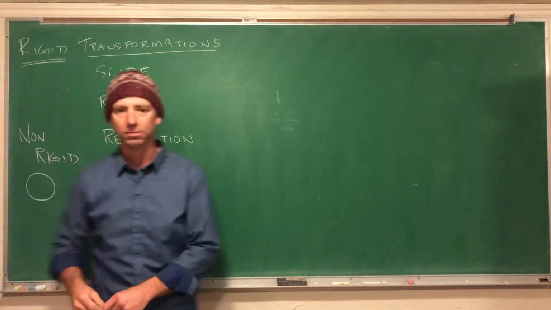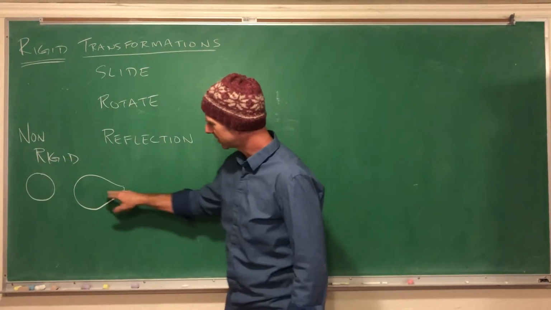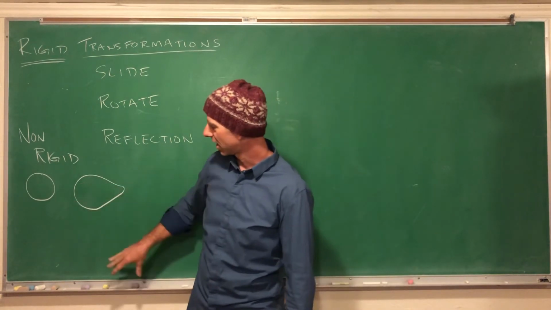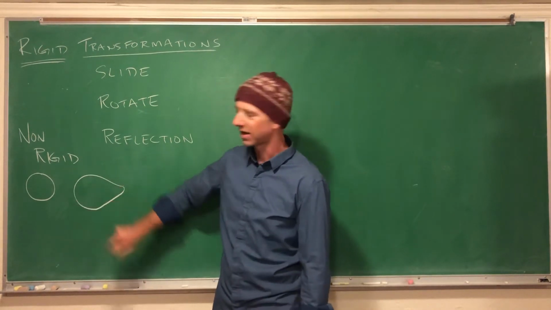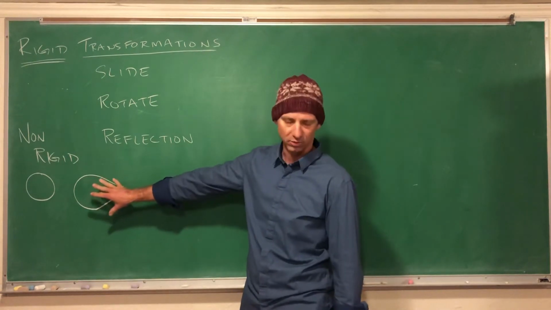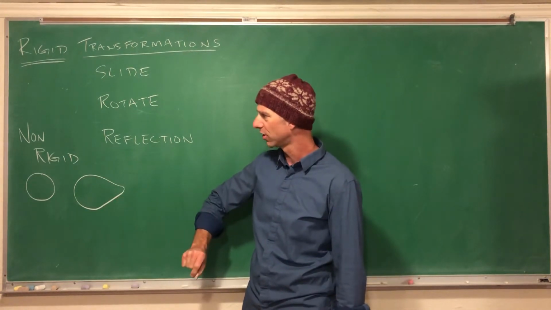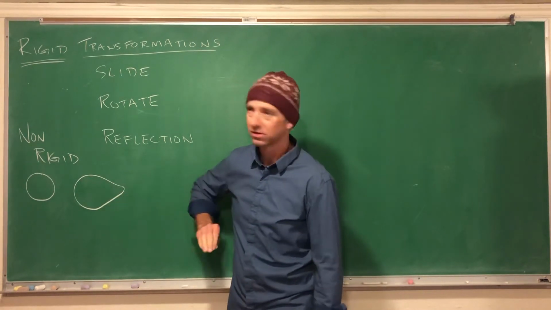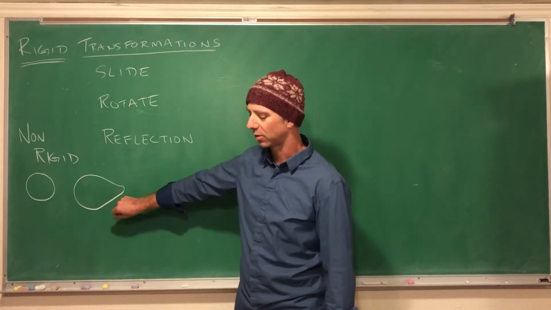Kind of like a teardrop, right? This is a non-rigid transformation. The math and the modeling behind that, not pretty. We're going to avoid that one for right now. If you go into the world of special effects, you will be addressing this. But for right now, we're going to skip that one.